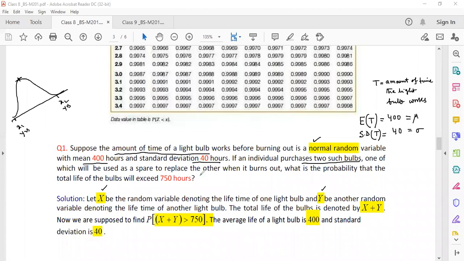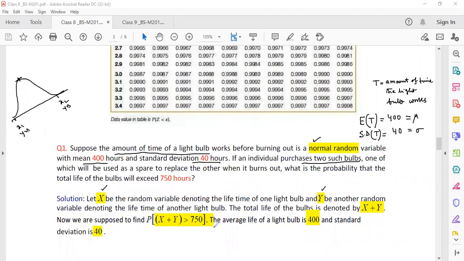We are going to find the probability that this total exceeds 750. The equality symbol will not be there because they are asking for the probability of the strictly greater than situation.